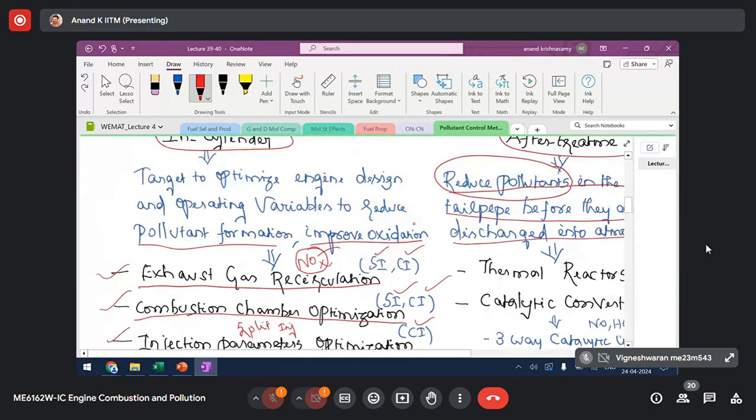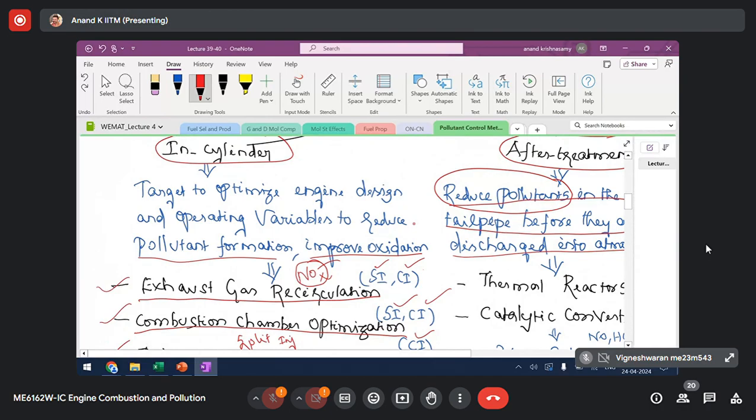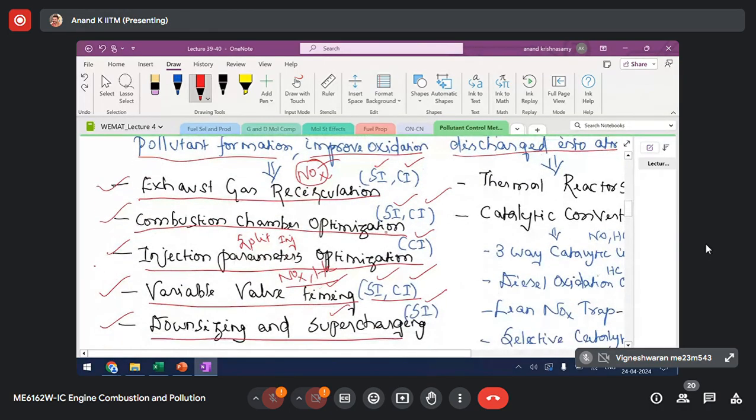In the in-cylinder pollutant control methods, in the last class, we discussed EGR, exhaust gas recirculation, and combustion chamber optimization, both of which are applicable to SI and CI engines. The injection parameter optimization method is adaptable for the compression ignition, CI engine. We optimize injection parameters like injection timing and injection pressure.